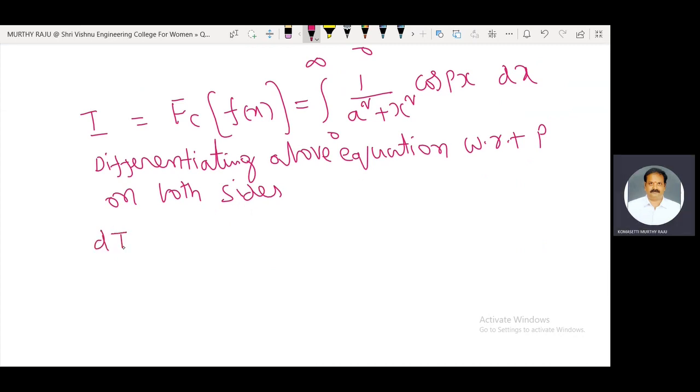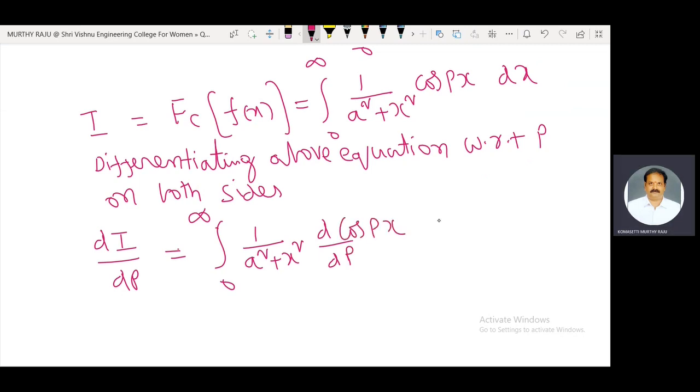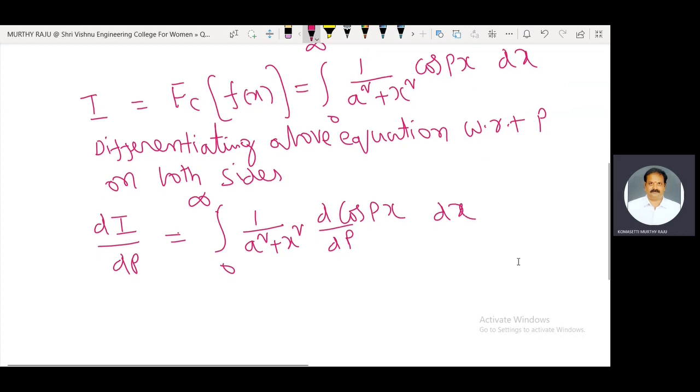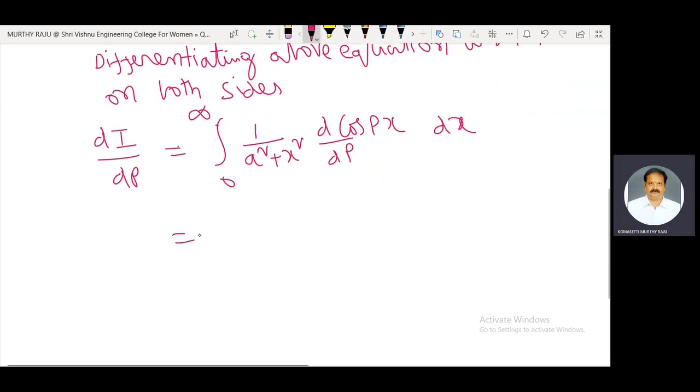Differentiation dI by dp is equal to integral 0 to infinity 1 by a square plus x square, which is the constant one, into d by dp of cos px dx. That is equal to integral 0 to infinity 1 by a square plus x square.